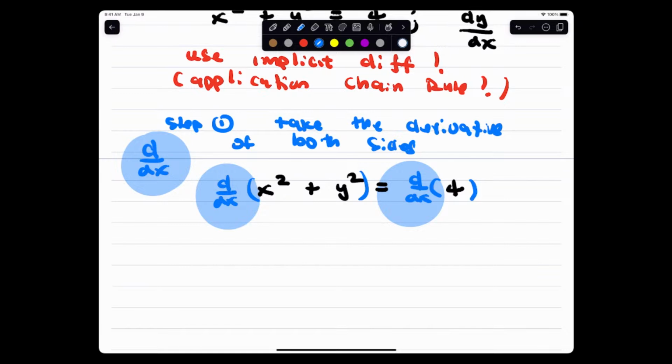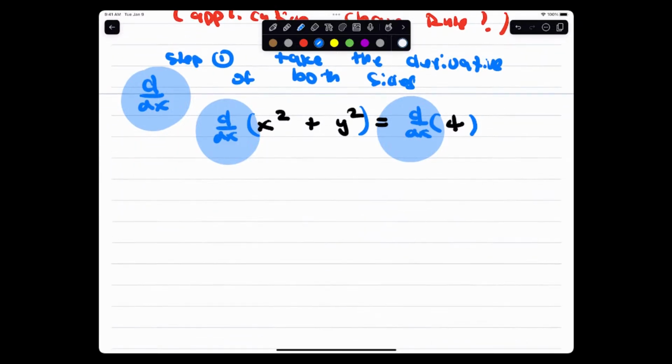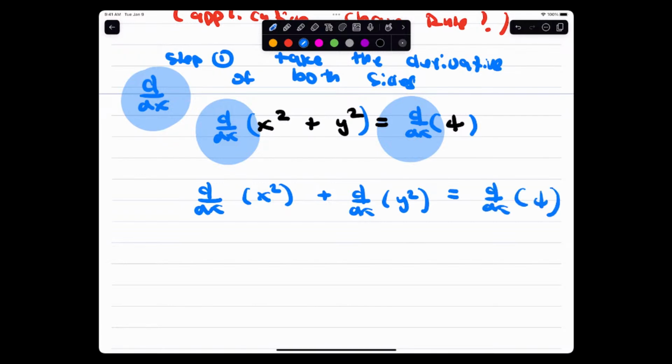So now, ladies and gentlemen, you say, well, what does that mean? Well, what's the derivative of a sum? That's right. So we're going to differentiate the x squared plus the y squared, and that's going to equal the derivative of a constant. Pay attention to this detail. This is d/dx, which means you're differentiating with respect to the x variable.